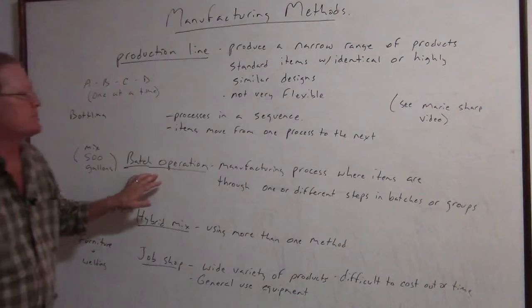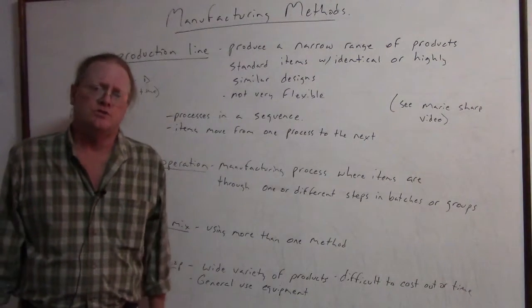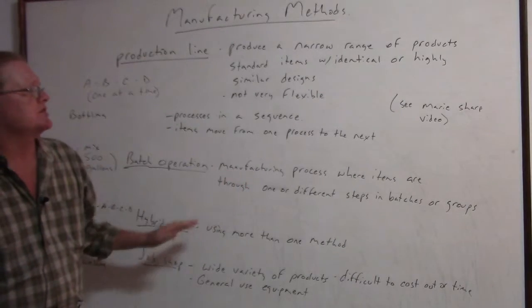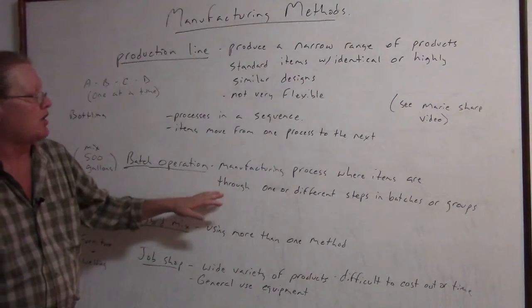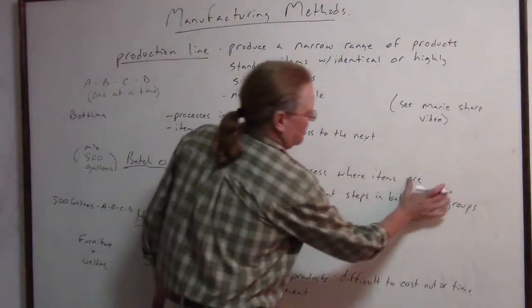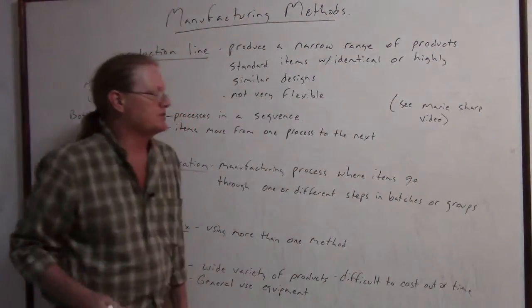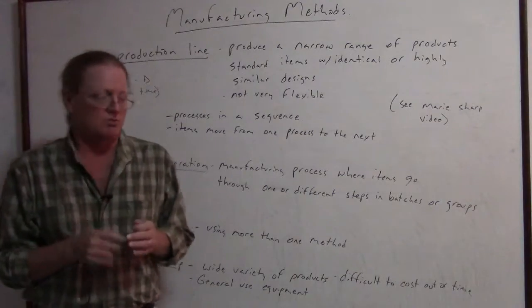But then we have the batch operation, which I want to encourage some of you to use. The manufacturing process where items go through one or different steps in batches or groups.